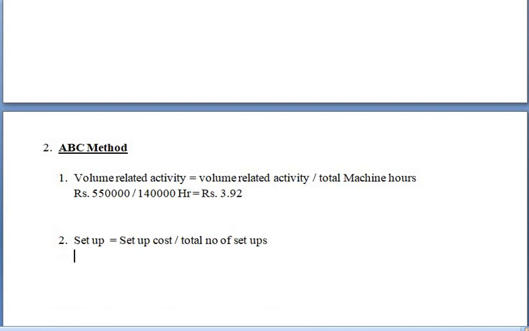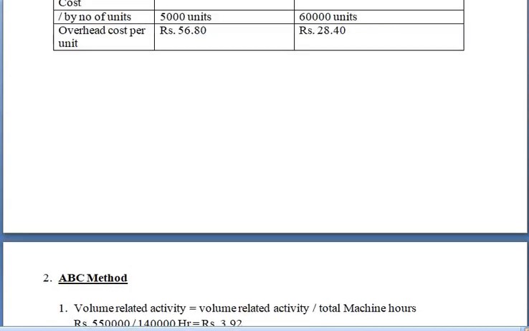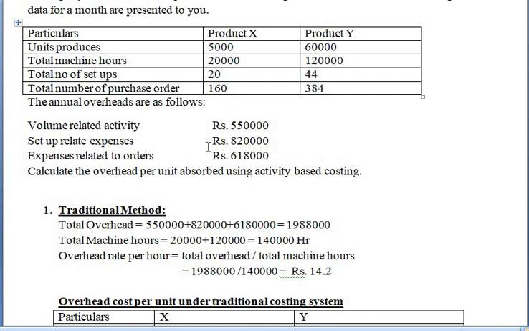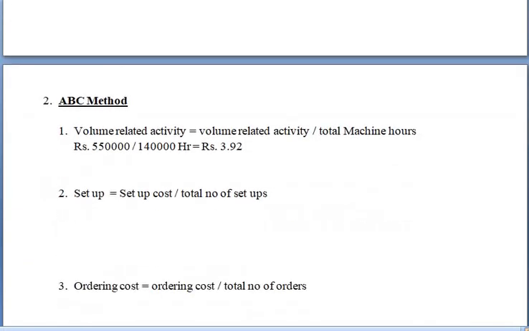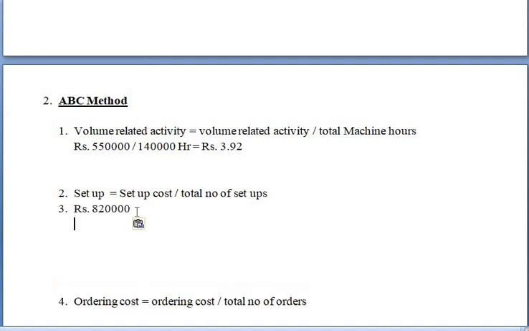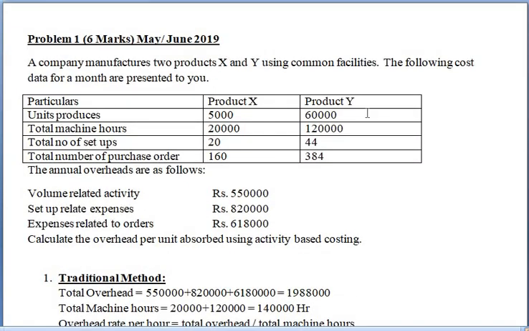Now the second one, setup related activity. What's the setup cost? The setup cost is 8,20,000. So 8,20,000 divided by, this is based on number of setups. What's the total number of setups? Total number of setups for product X 20, for product Y 44.